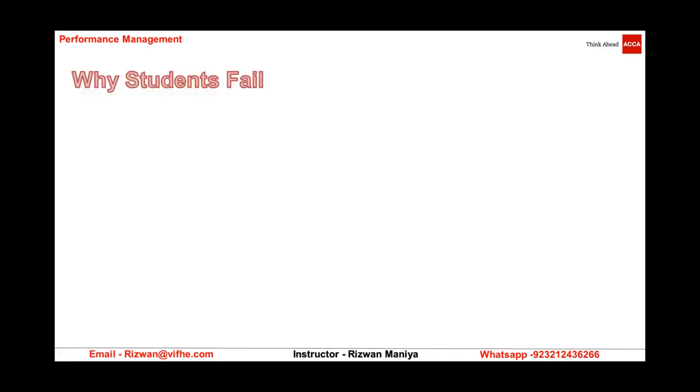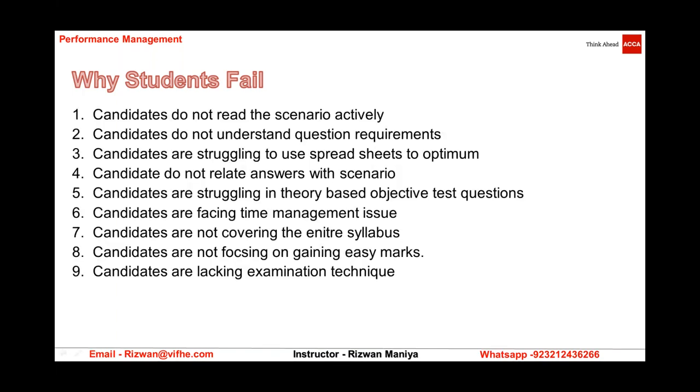Okay. Now, why do students fail? I'm sure many of you would have thought much about it, and many teachers and instructors would have highlighted this area. But right now I just want to be specific to PM. I think one of the major reasons is not reading the scenario actively.